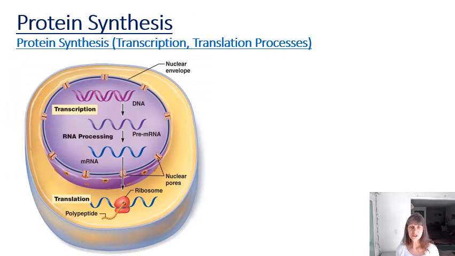The process of transcription not only involves writing down the instructions off of the DNA, the first RNA molecule that will be formed is actually a molecule known as pre-messenger RNA.